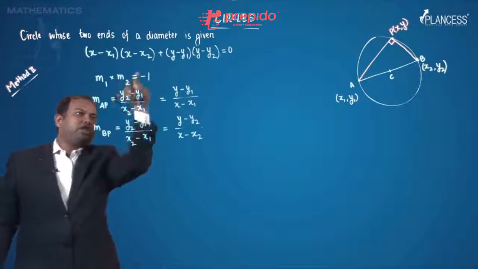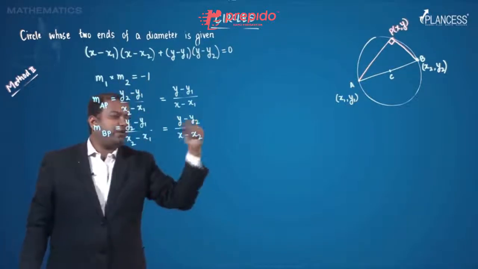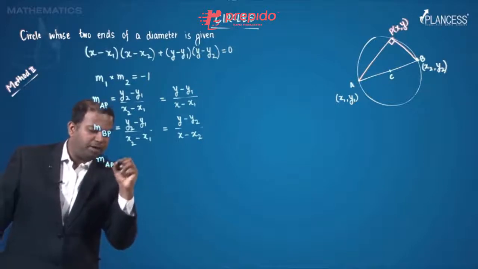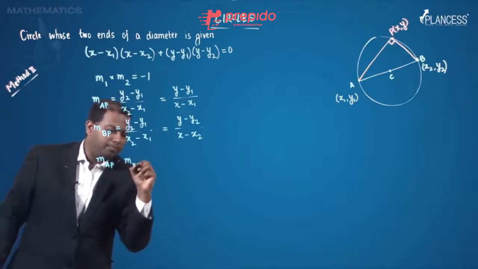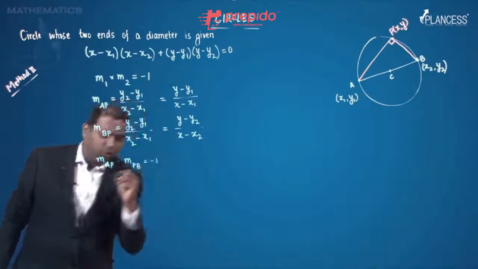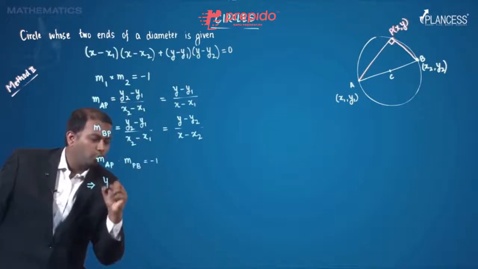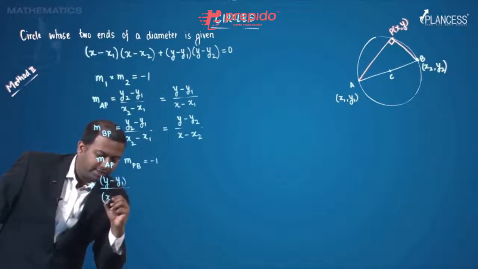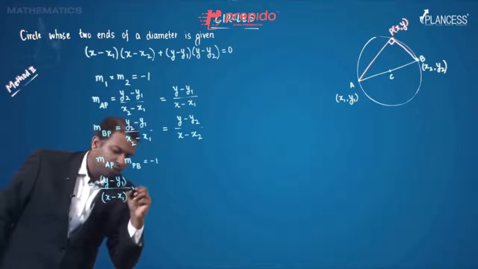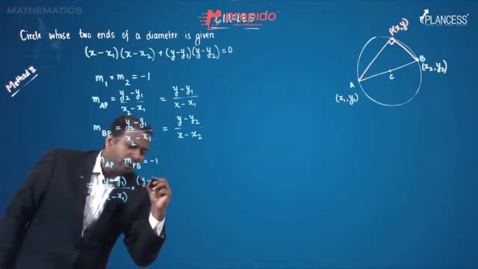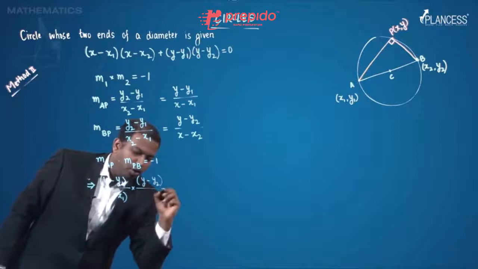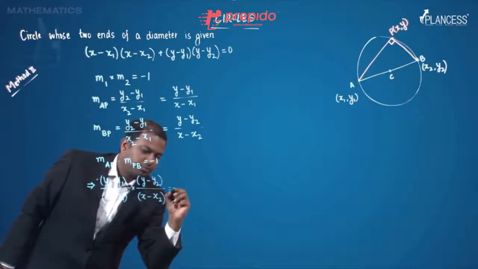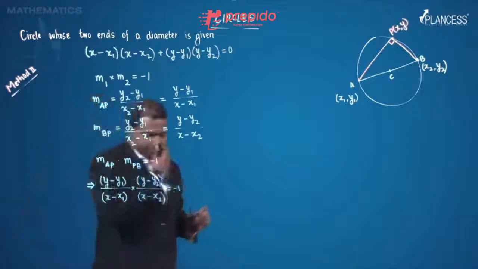Now, since the product of these two slopes has to be equal to minus 1, we can write m_AP into m_PB equal to minus 1. So we have y minus y1 upon x minus x1 into y minus y2 upon x minus x2, and that is equal to minus 1.